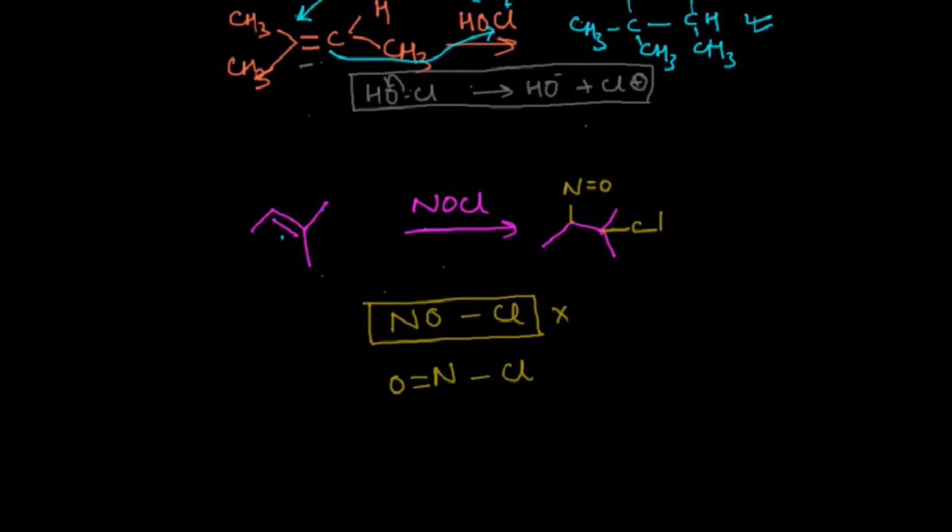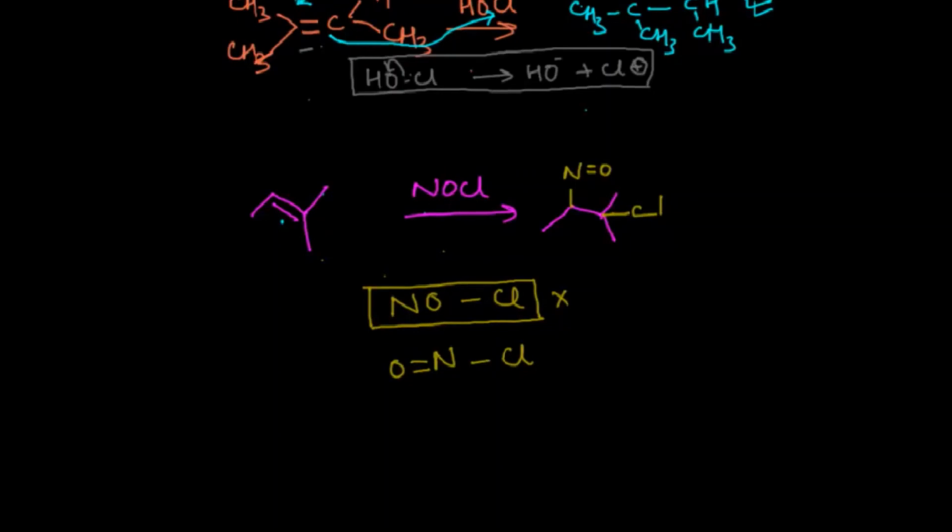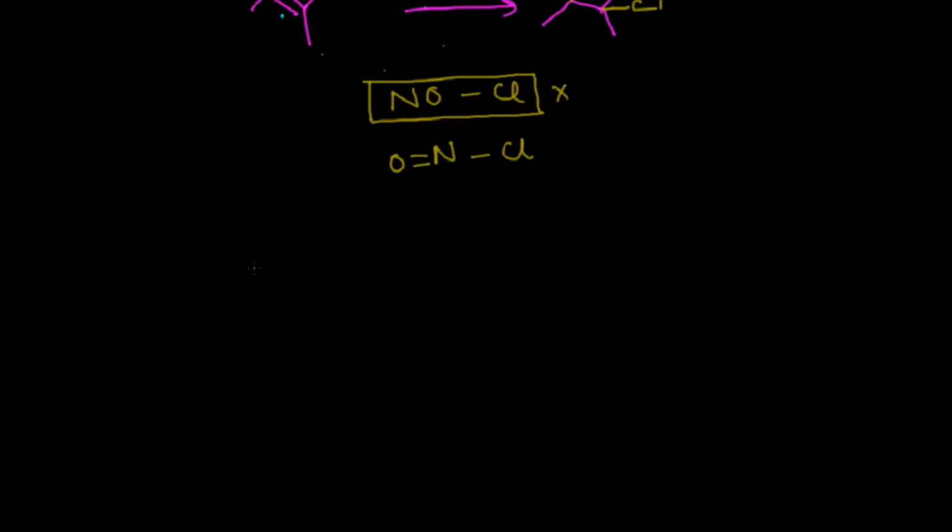Now how does the addition of water take place? If I would have taken a similar example with water, is there any reaction? No reaction at all. Why doesn't it react? This is an important question.